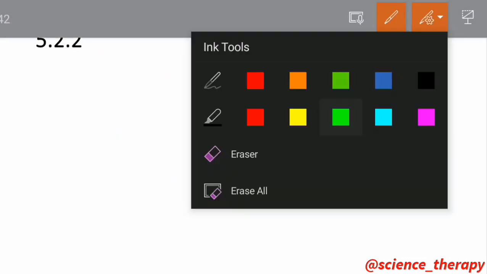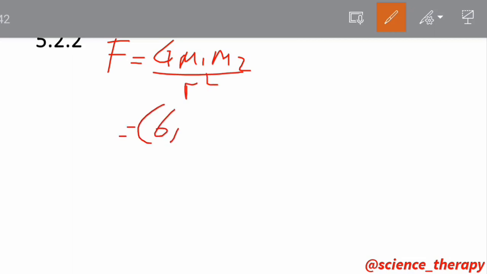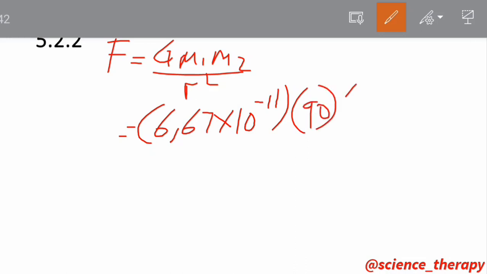So we have F is equal to G m1 m2 over r squared. Then what is our G? Always a constant of 6.67 times 10 to the power of negative 11. Then the mass, we have 90 kg, and here we are looking for the mass of the Earth, so let's write it as ME.